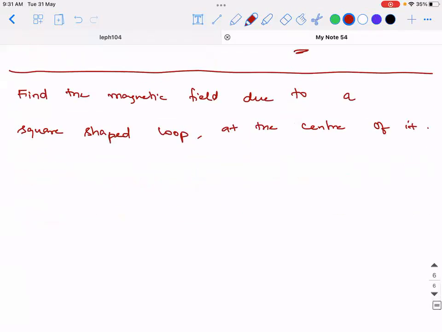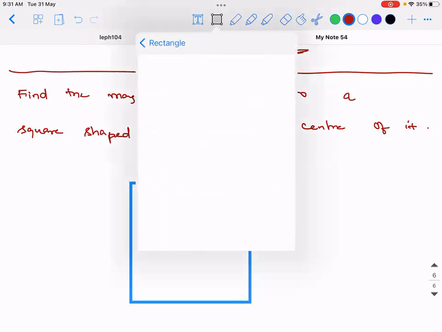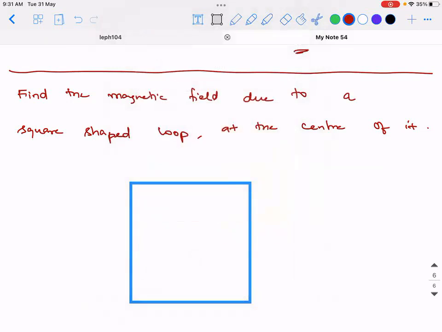So meaning is, if I have a square shaped conductor like this, let's say it is of side A. And you have a point P here.